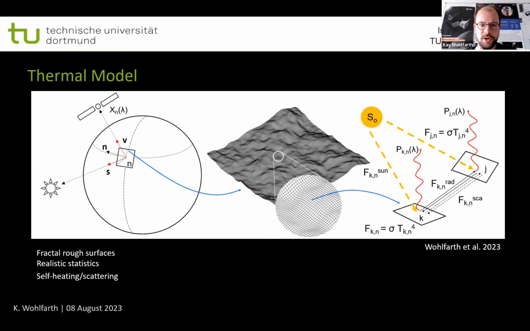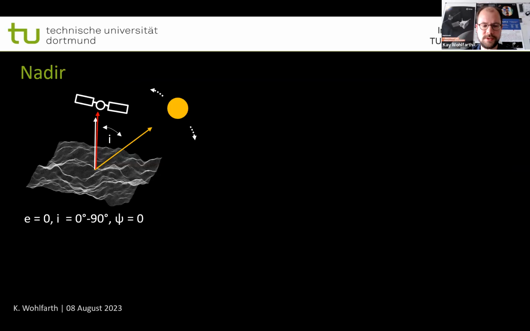And what I'd like to point out are the effects that come from the surface roughness. And for this, we can take a look at this configuration where the spacecraft is in nadir position. So this is one of these fractal surfaces that I computed yesterday afternoon, and the emission angle is 0, so the spacecraft is in nadir position.